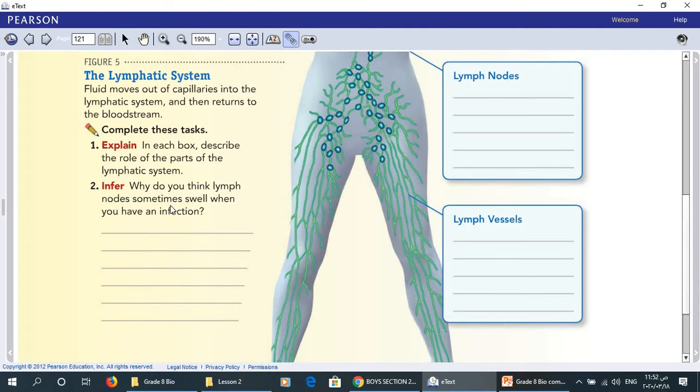I'll repeat the answer. Because they are trapping disease causing microorganisms from your infection. Clear? Yes. Let's go to the next page.